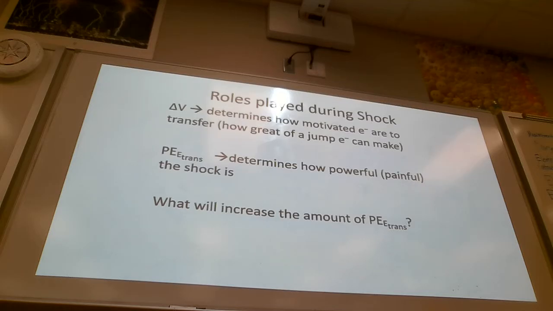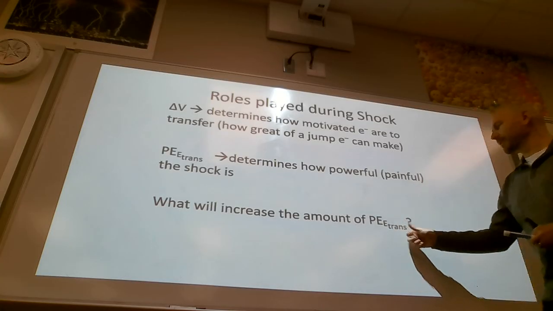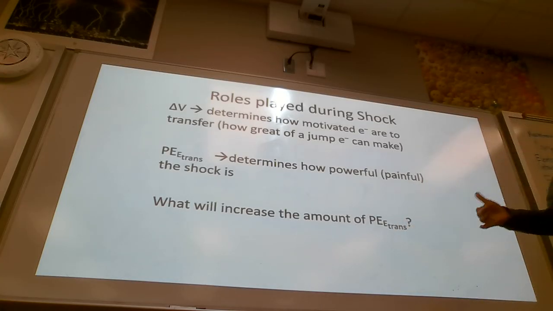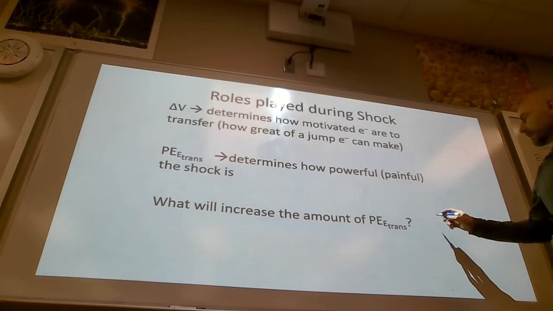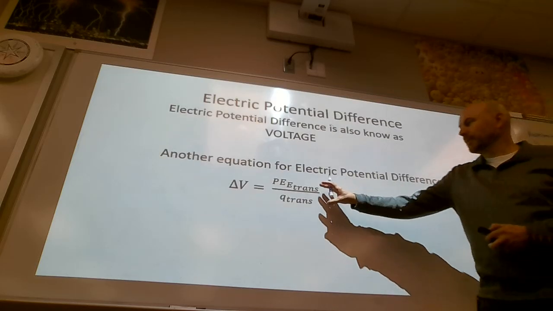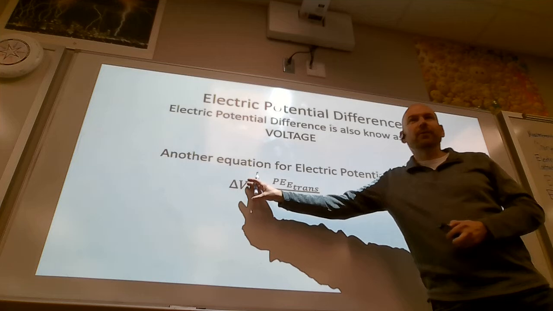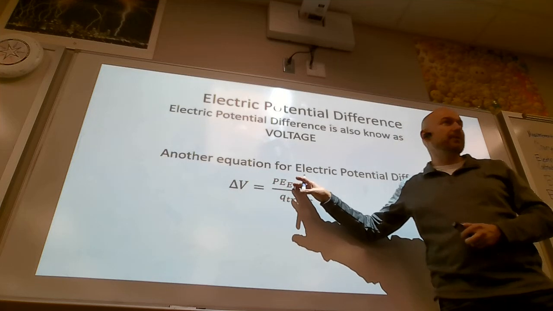Hey, that would be good to know, right? So, what would cause the amount of energy transferred to increase? What would make it fatal? So we use this equation. I bring charge transferred over here to equal potential energy.